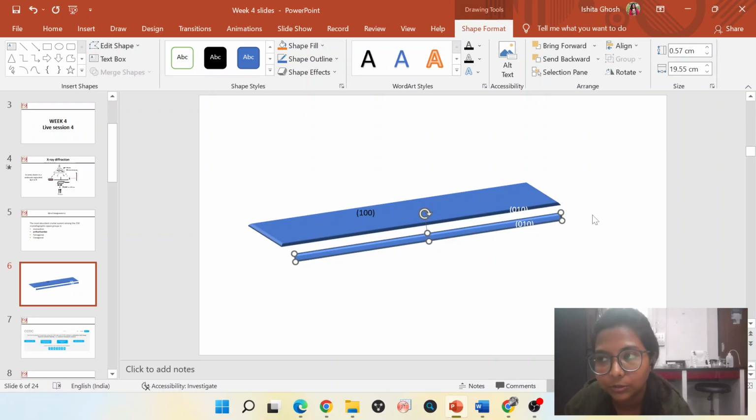Suppose you have two enantiomers, A and B, and correspondingly two crystals, crystal A and crystal B. If you take only crystal A and take the single crystal data, then from there you will get a simulated PXRD pattern. This means that the PXRD pattern is of pure crystal A or pure polymorph A.